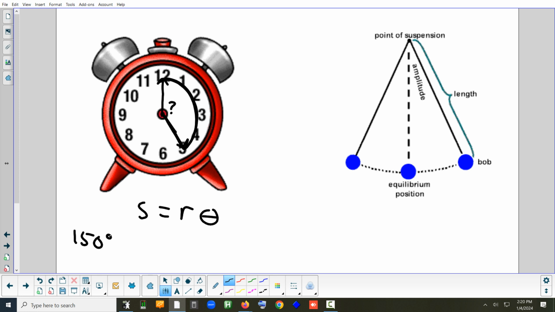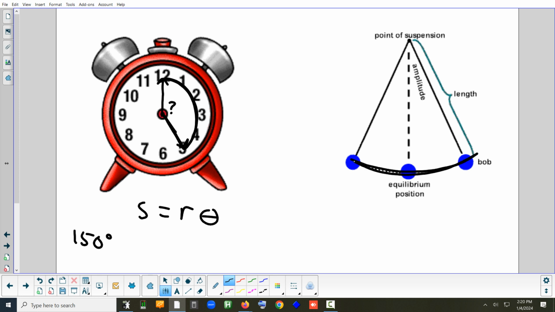Another one they're going to give you is, I think, about a pendulum. As a pendulum swings back and forth, what kind of path does it make? An arc. It makes an arc because it's fixed at the top and it swings.